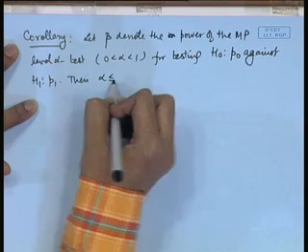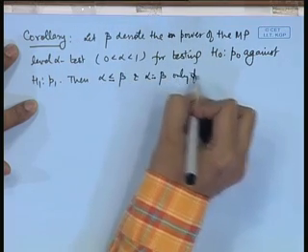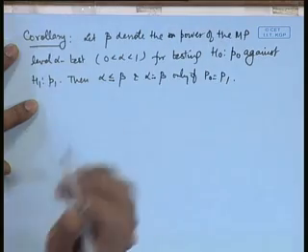Then alpha is less than or equal to beta, and alpha is equal to beta only if P naught is equal to P1.